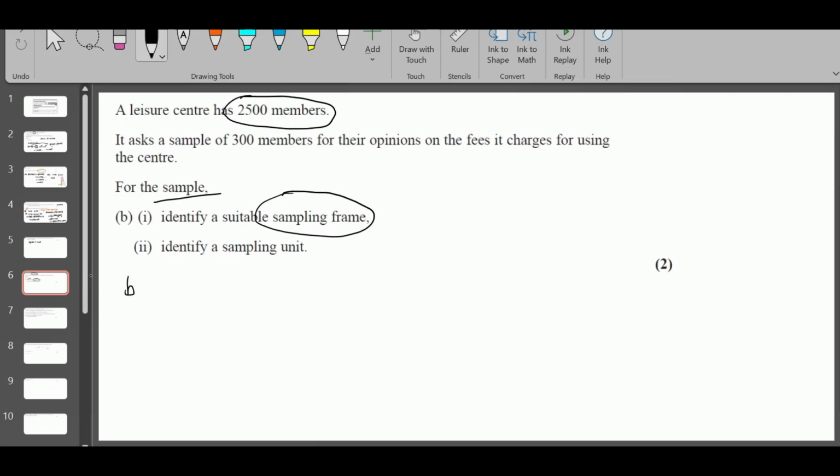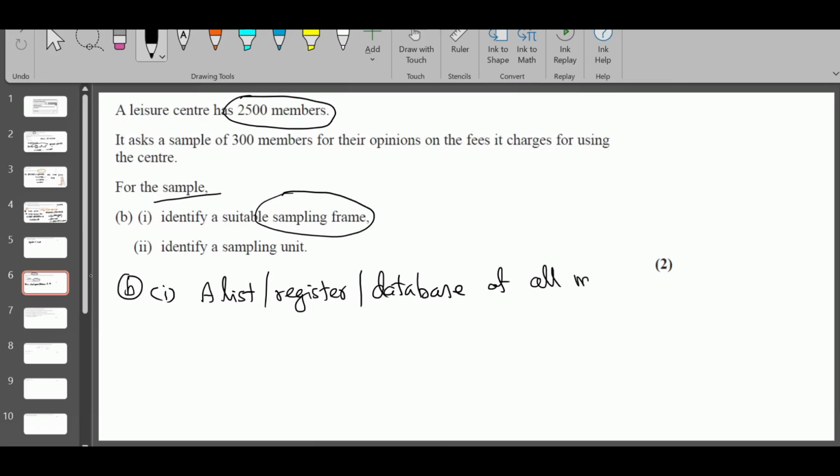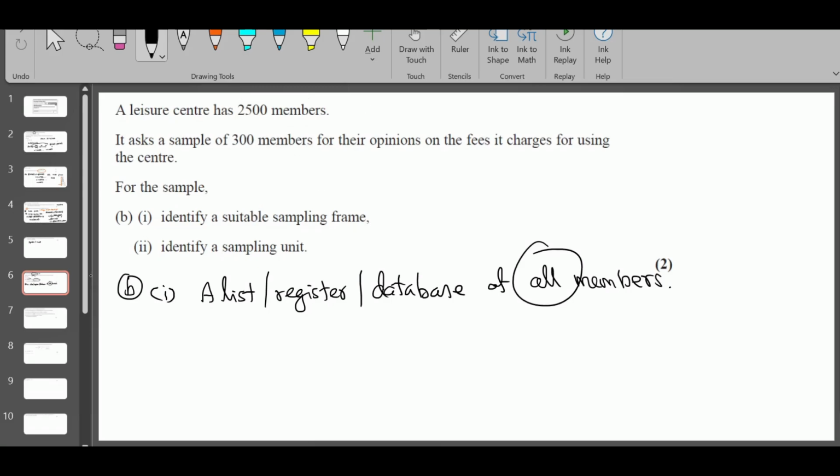That list is a sampling frame. A list or a register, you can write register or database of all members. You have to mention all, otherwise you will lose the mark. Not 300 members, all members. That's the database. So that's the sampling frame.